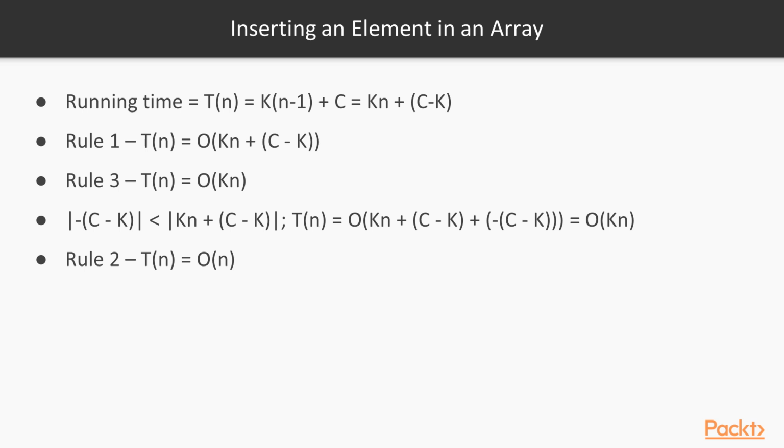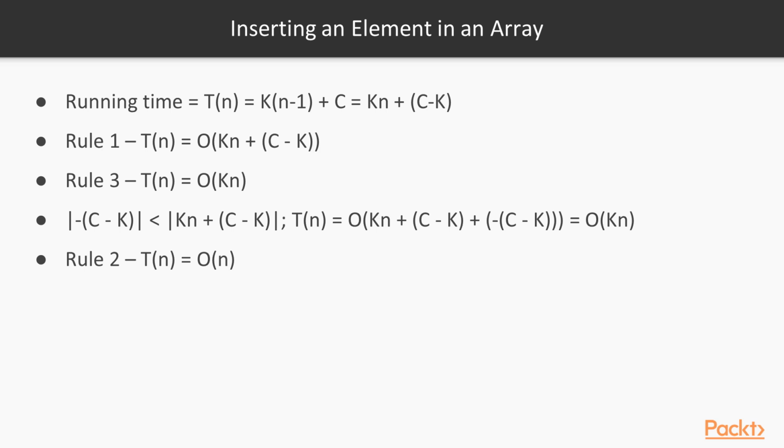So it is T(n) = K(n - 1) + C for some constants K and C, where n is the number of elements in the array and T(n) is the running time of the algorithm. It is expressed like this. Now I will explain it.